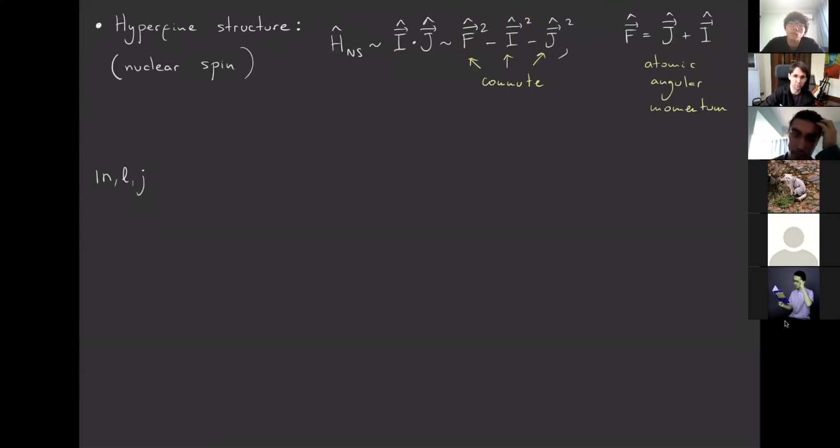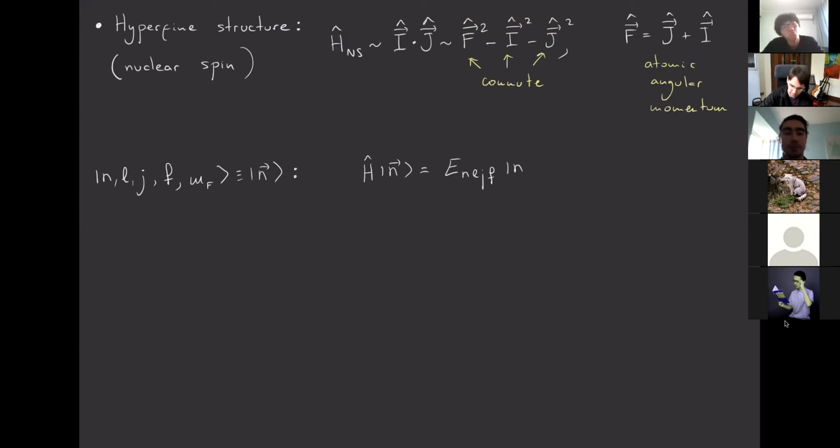We keep the one of J square, but now we have to replace the other two by the one of F square and the third component of F. Okay, and this automatically means that the energy eigenvalues now need to be labeled with 4 quantum numbers, n, l, j, and f, okay?